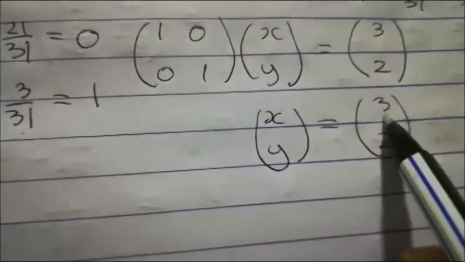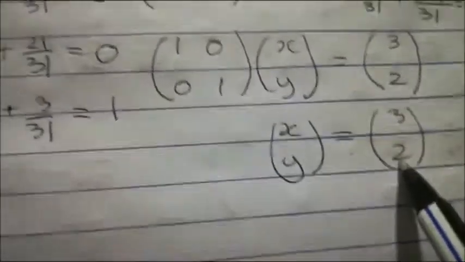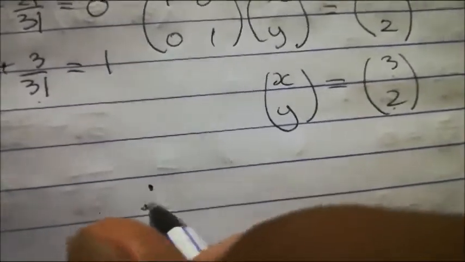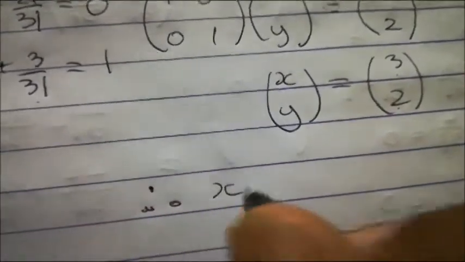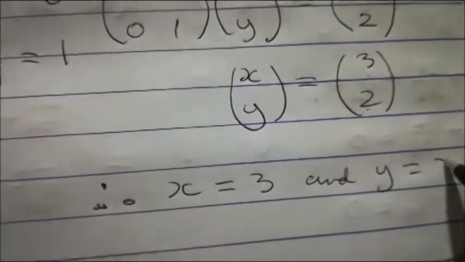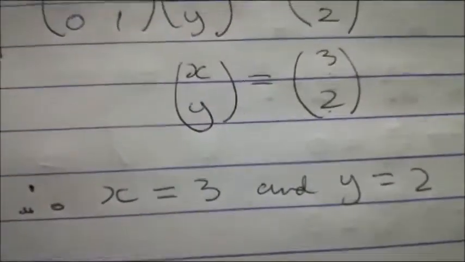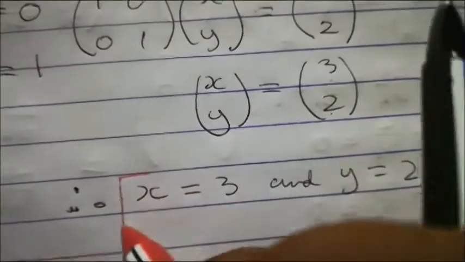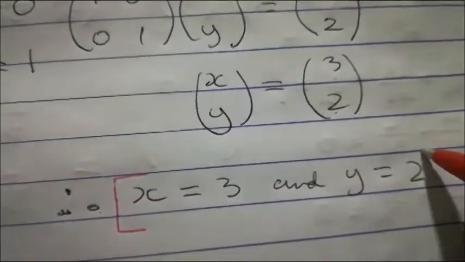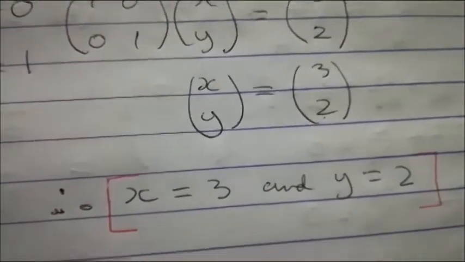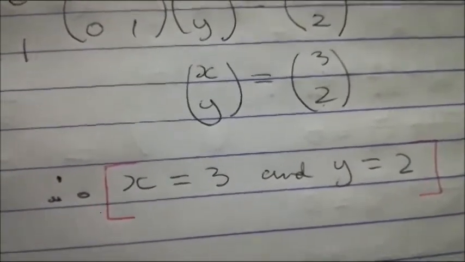So x corresponds with a 3 and the y corresponds with a 2. So therefore we could say x is equal to 3 and y is equal to 2, and we would have solved the problem right here just by simply using the matrix. We can use the matrix to solve simultaneous equations.